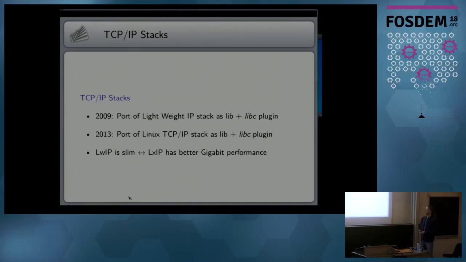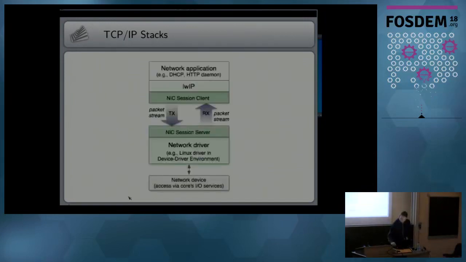So we have nowadays both of these stacks available on Genode as libraries, and you can choose if you want to have a slim stack or if you want to have a stack that is good in high performance. Okay.